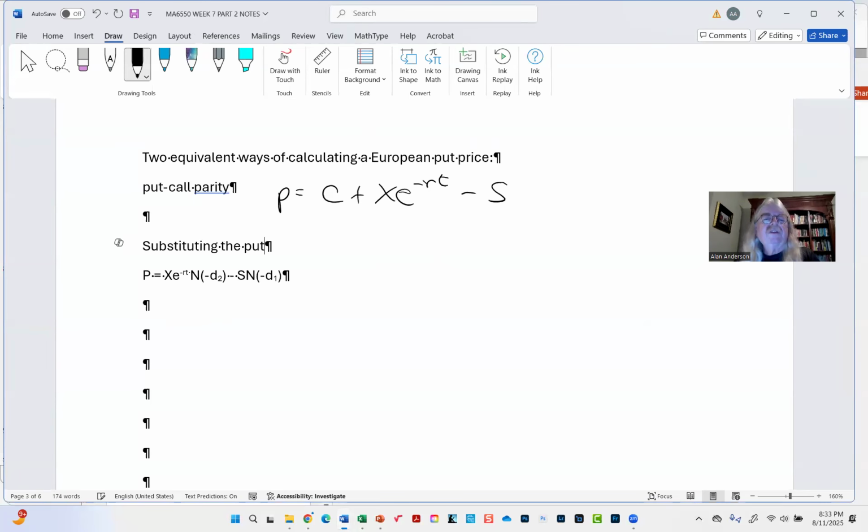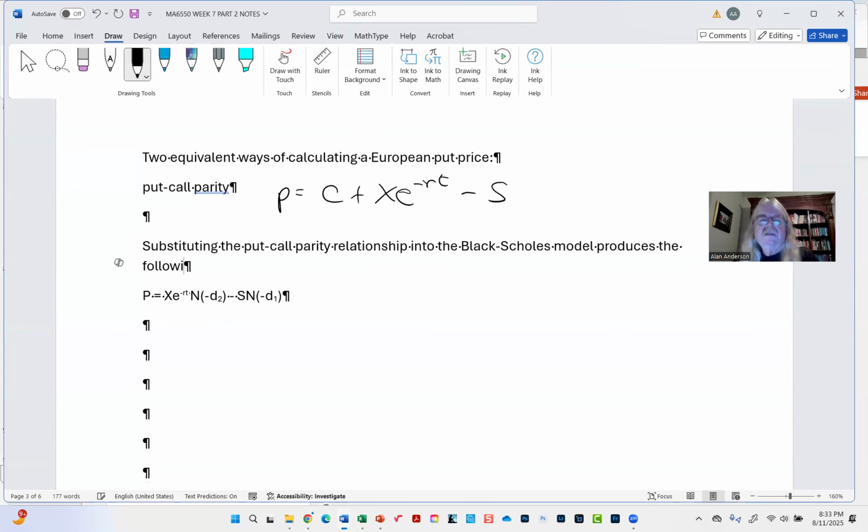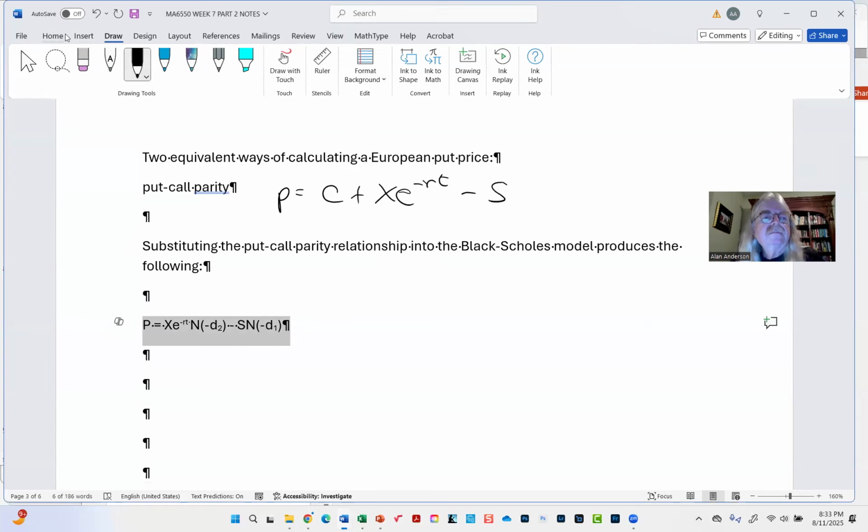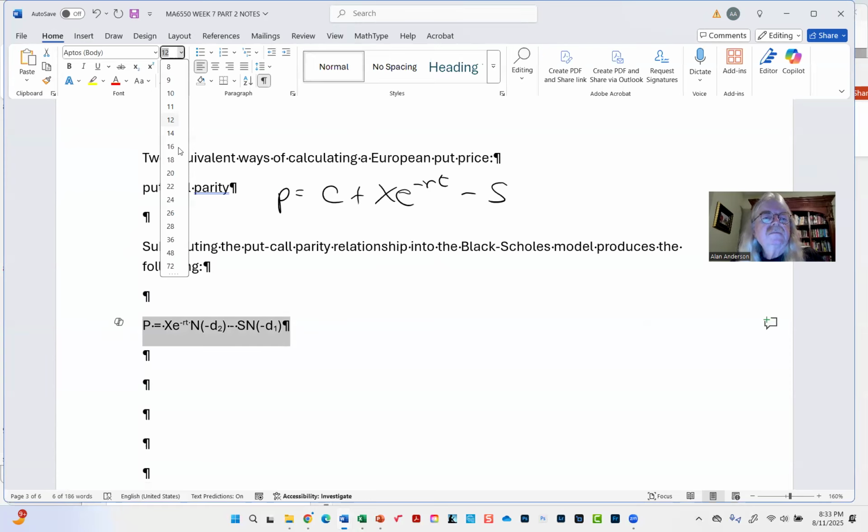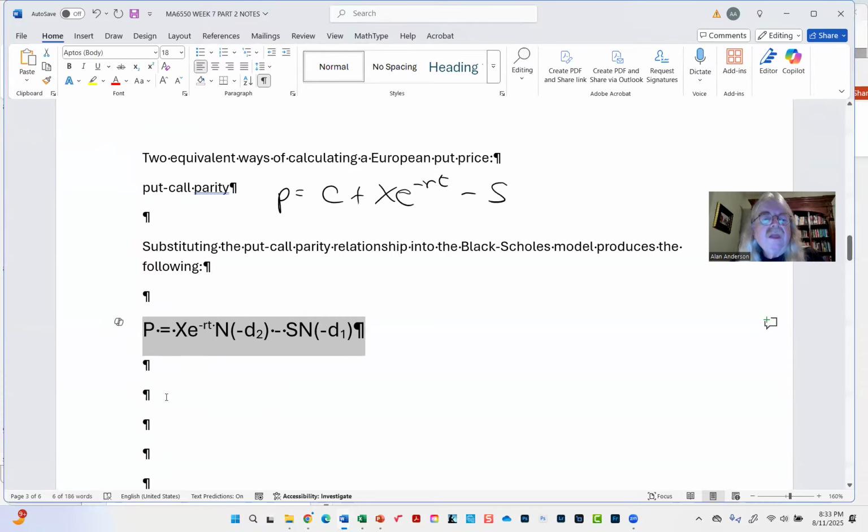Substituting the put-call parity relationship into the Black-Scholes model produces the following. And so those you can calculate directly, without knowing C, that is.